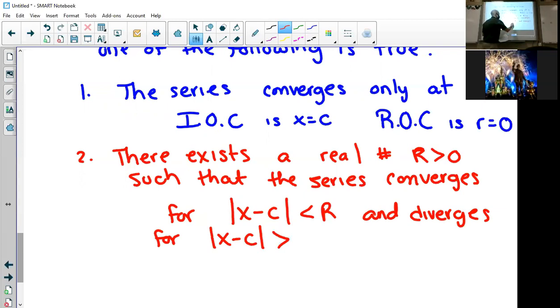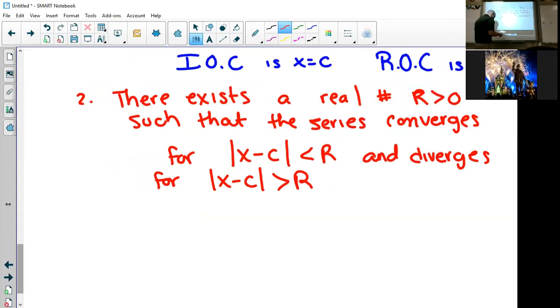All right. This is our normal situation where we actually have an interval of convergence. And this will make more sense as we go through our examples, as we start working through this.